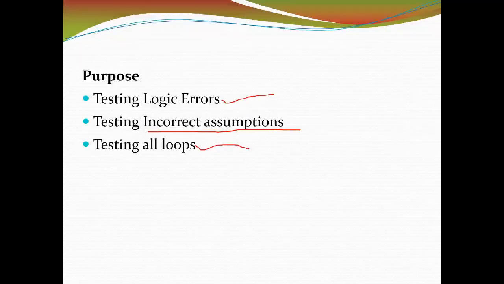Suppose the loop repeats 5 times, you need to test all 5 times because different inputs it is going to take. How the loop behaves during these 5 repetitions will be understood only when you test that loop.